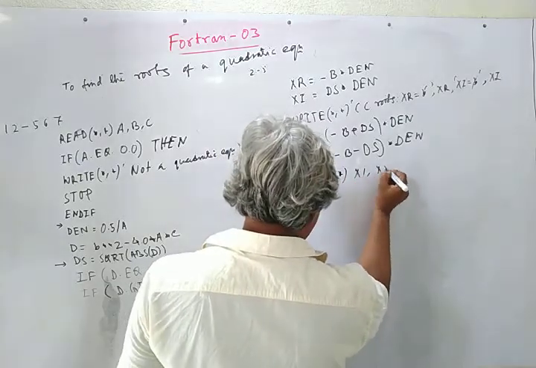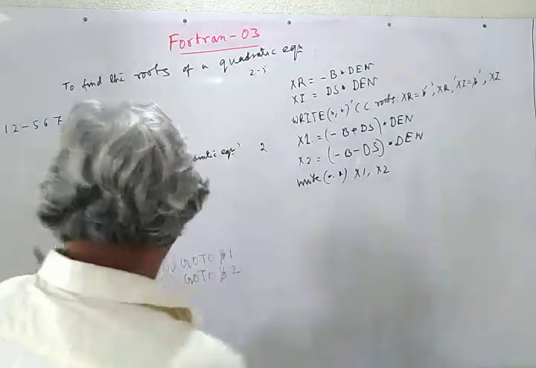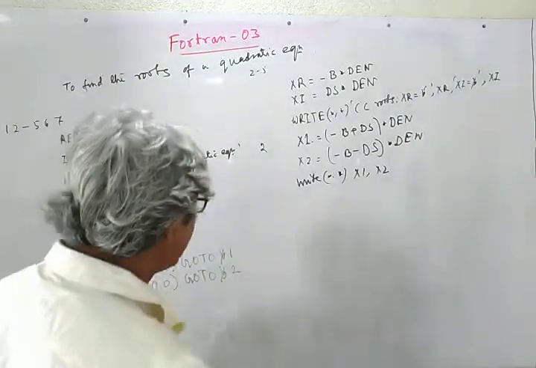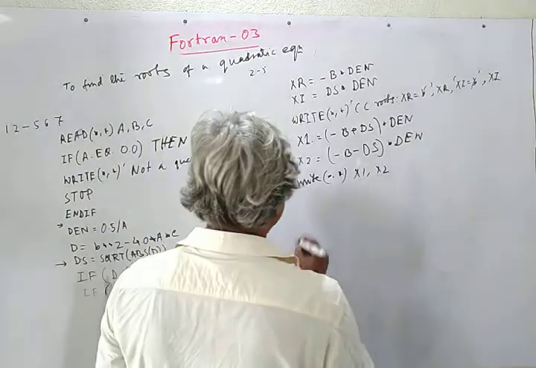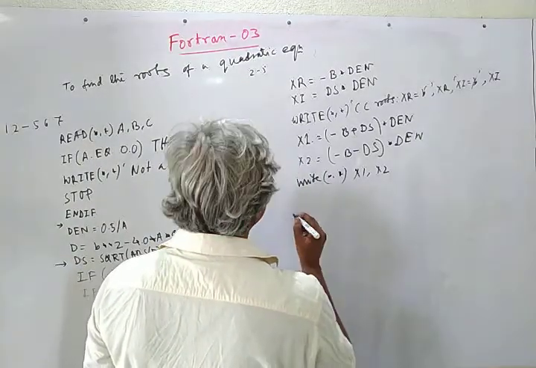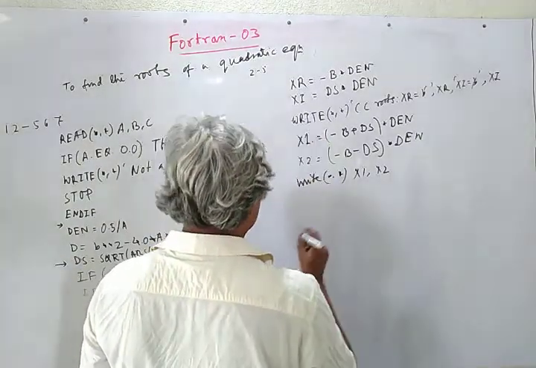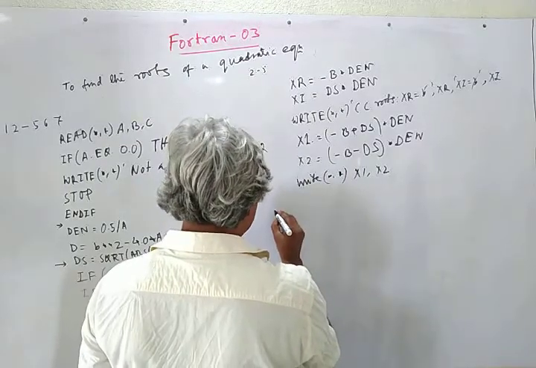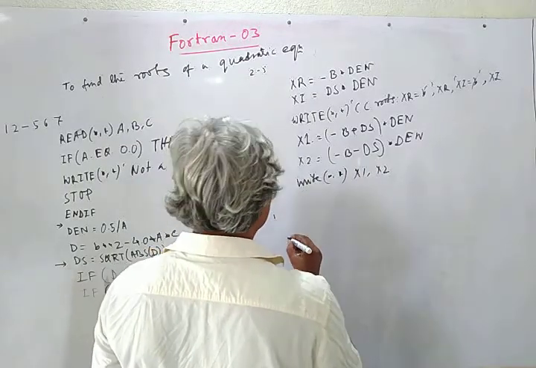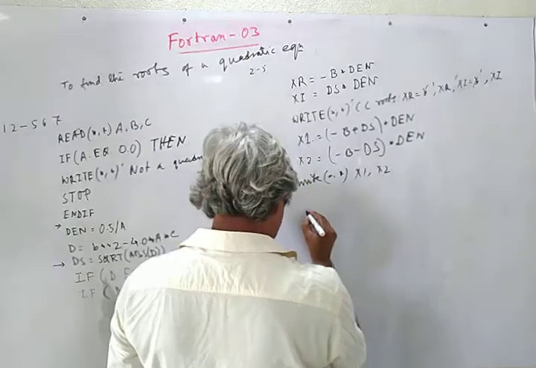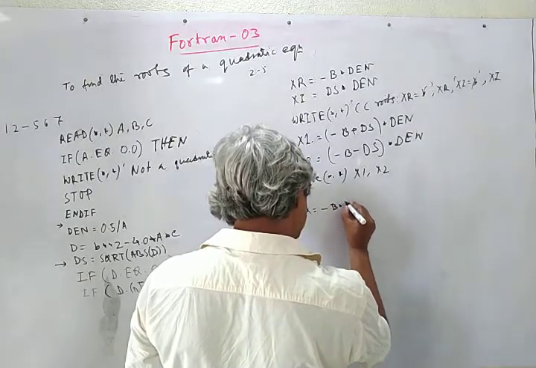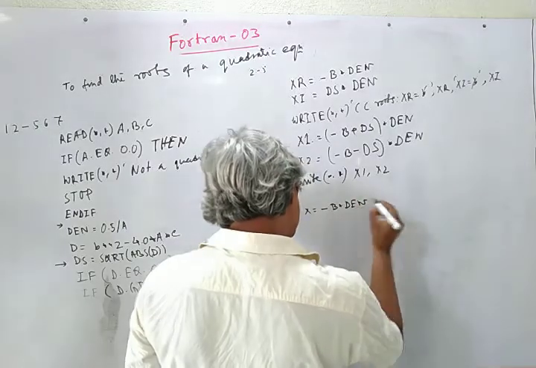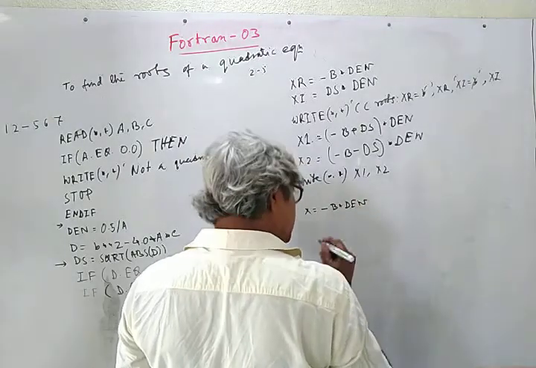A better way of writing was shown in the earlier one. Then keep a line over here. Then we write 1. We calculate simply x is equal to minus b star den, because in this case the roots are repeated roots.